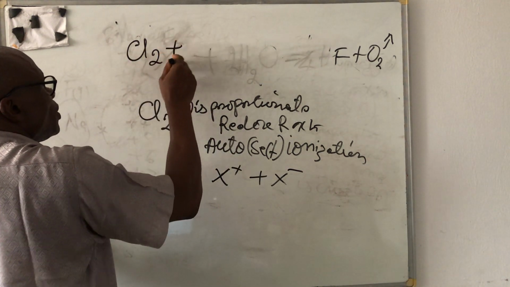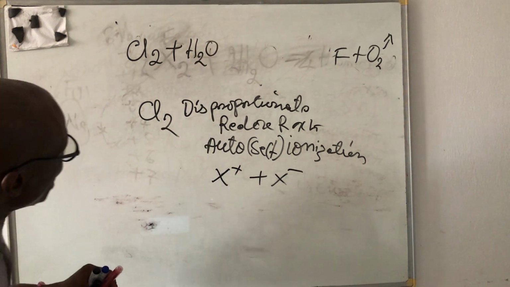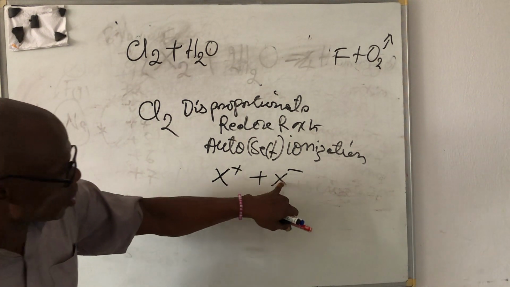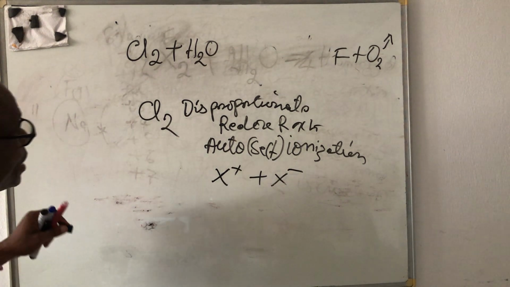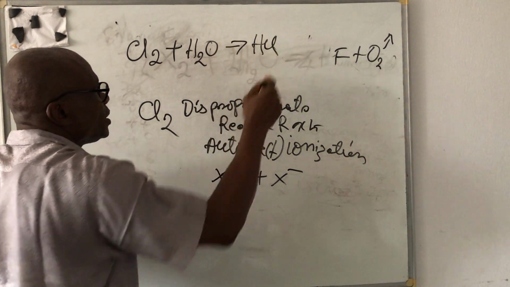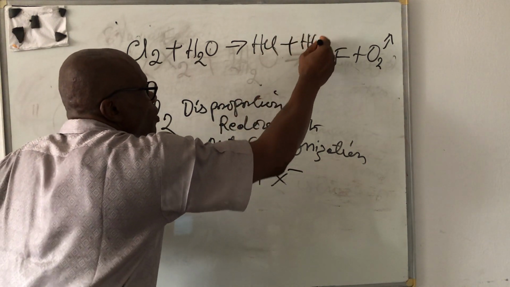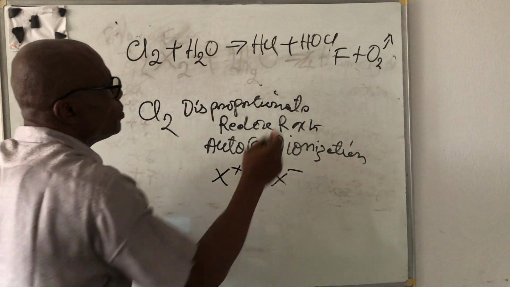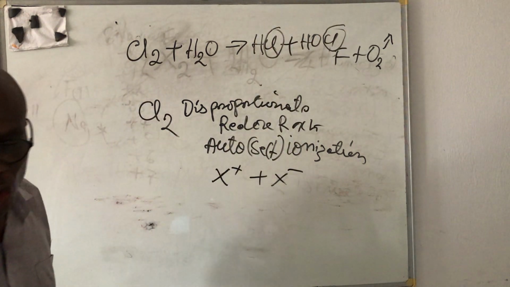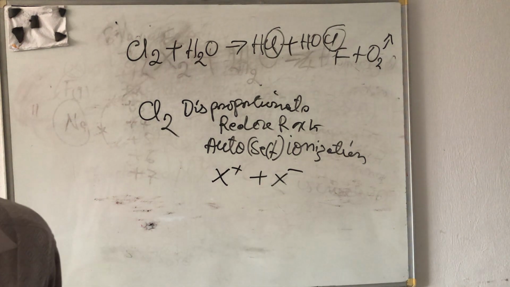Cl2 plus H2O. As we have seen, there shall be auto-ionization. Agreed that HCl shall be formed, but hypochlorous acid will also be formed due to the auto-ionization.